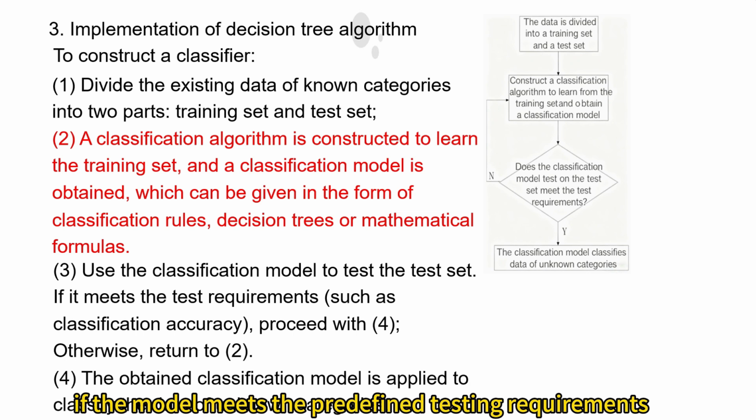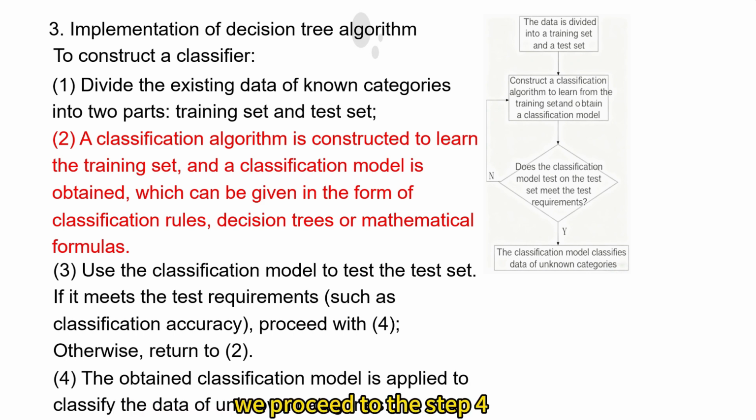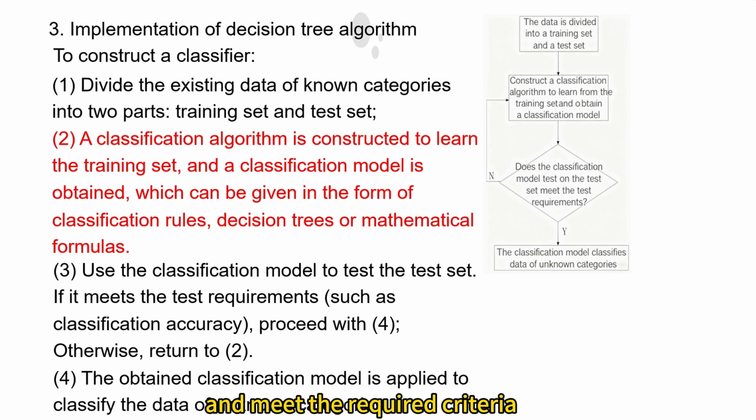If the model meets the predefined testing requirements, like achieving a specified classification accuracy, we proceed to step 4. If it doesn't meet the criteria, we return to step 2 to further refine the model or consider a different algorithm. Once the model performs well on the testing set and meets the required criteria, we apply this model to data with unknown categories.